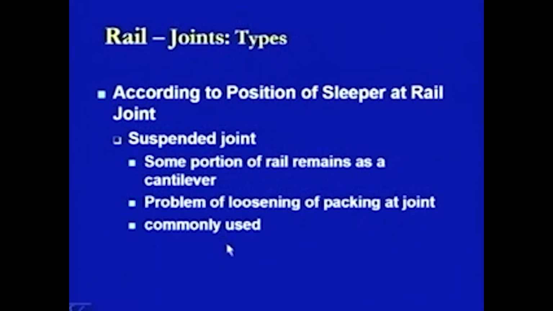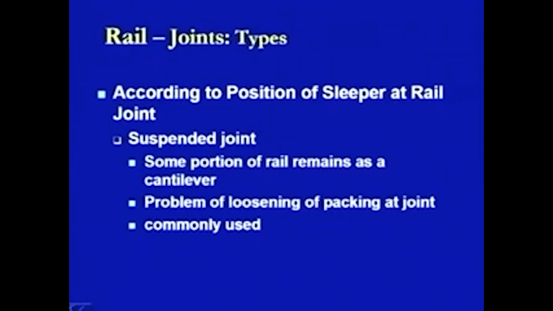What happens here is that because of the loads coming at this point, and because the joint is not supported, the loads will be directly dispersed to the ballast, and when they go directly to the ballast section, because of the loads, the ballast will start coming out of its position, and that is one reason for the loosening of the packing at this level.